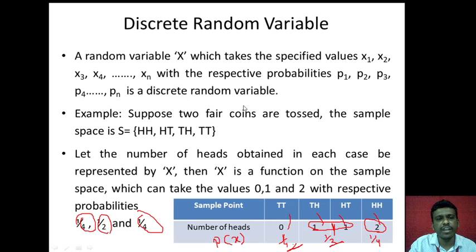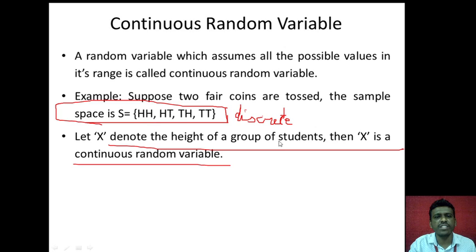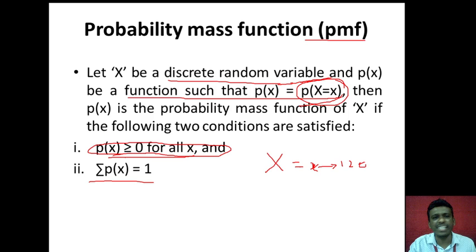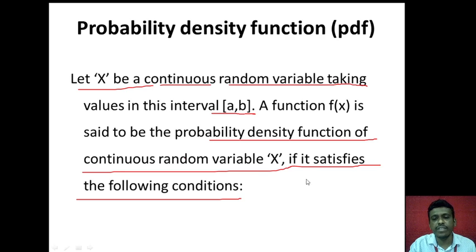Similarly, the discrete random variable definition they have never asked so far, but I feel that they may ask, so remember it. Only these 2 are generally asked. Continuous random variable examples, nothing has been asked. You can read a little about the probability mass function, and the fourth definition is the probability density function.